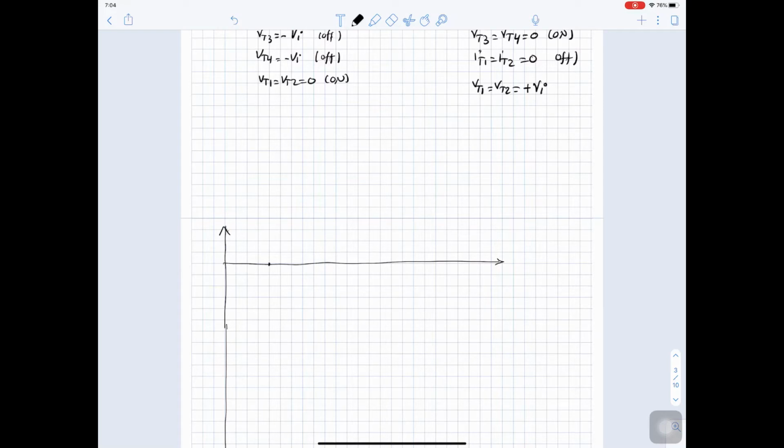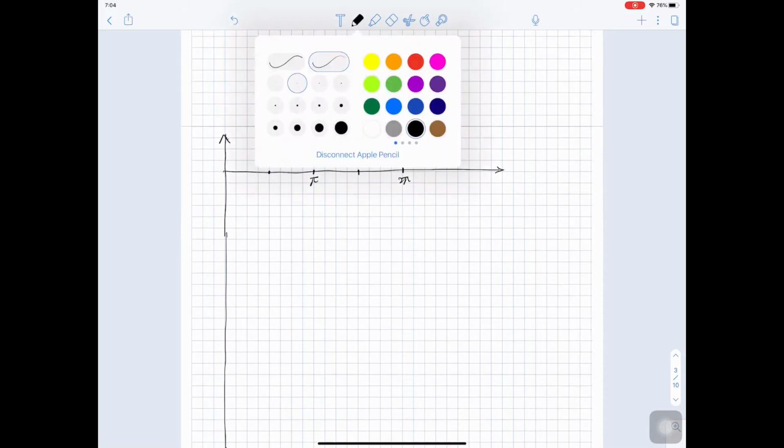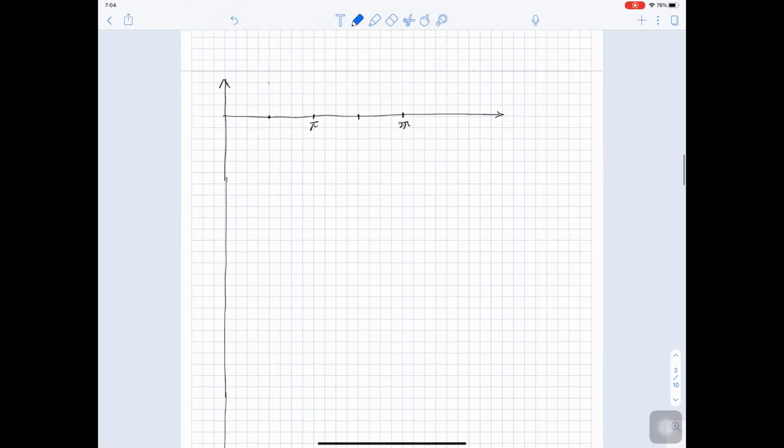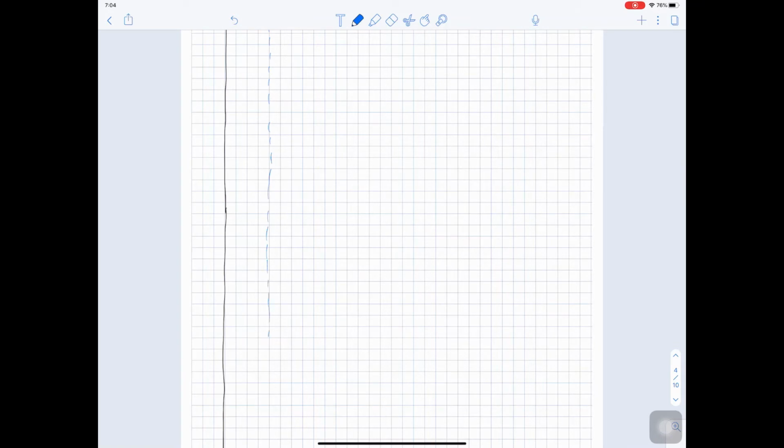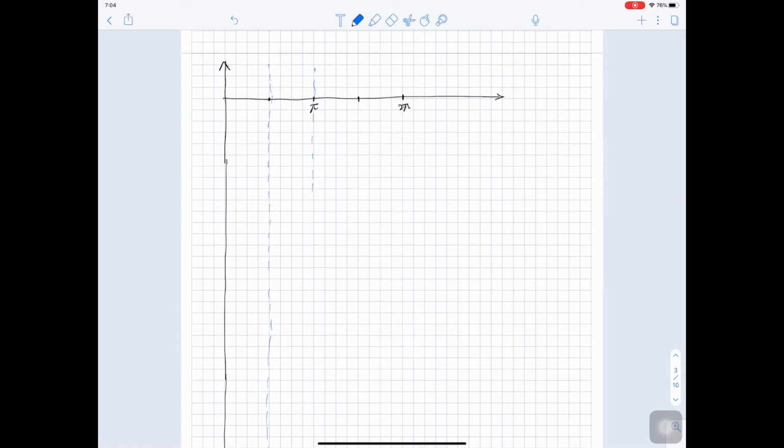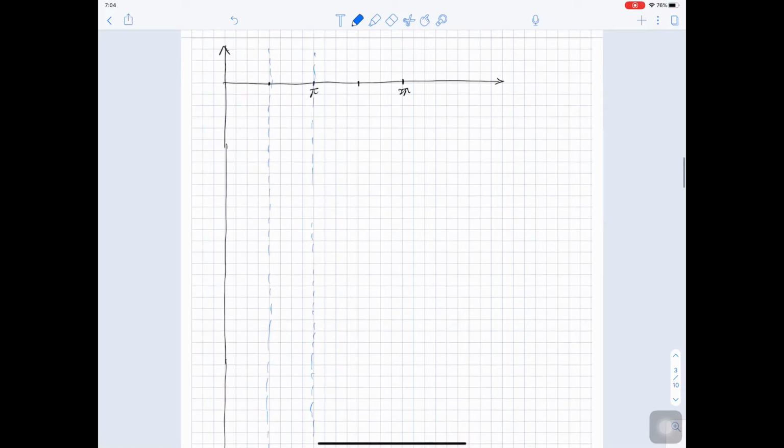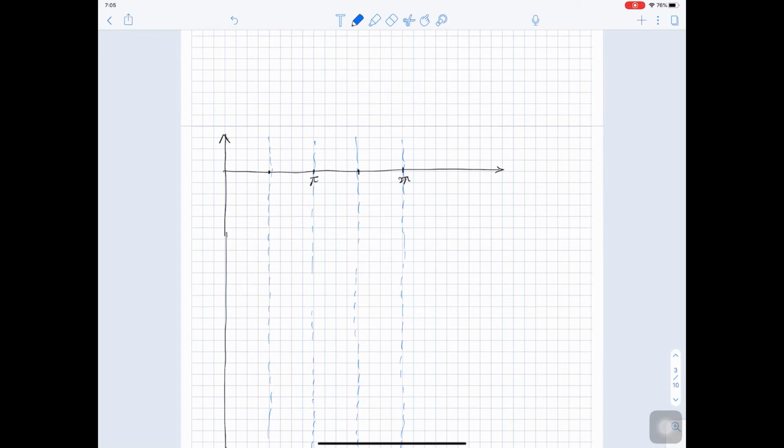I will use 4 squares as pi over 2, and I will put vertical lines at pi over 2 and at pi.